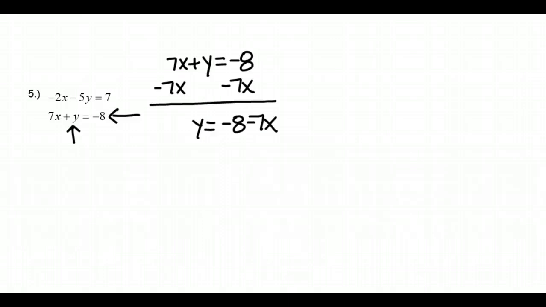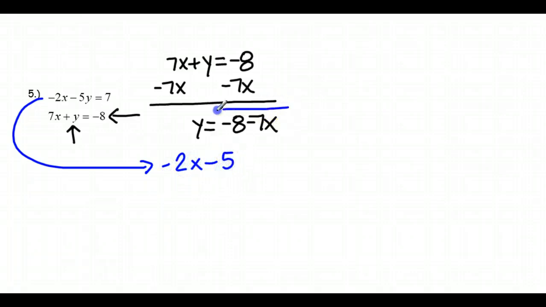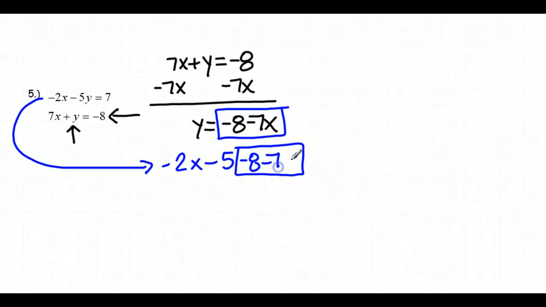Now we're going to take the other equation, negative 2x minus 5y, but I know that y is negative 8 minus 7x, so I'm going to write that where y would be, equals 7. And remember that our brick is also the same thing as parentheses, so we have to distribute that negative 5.